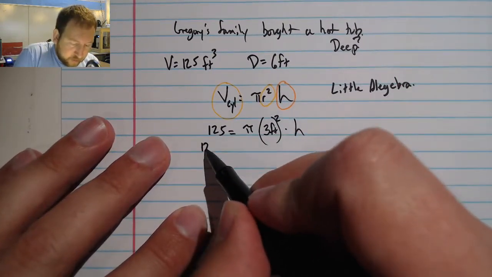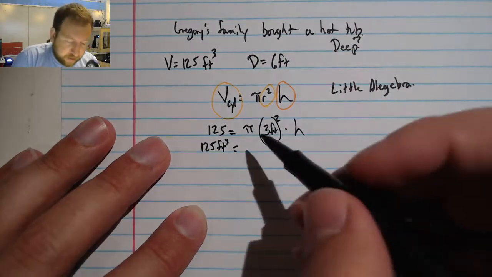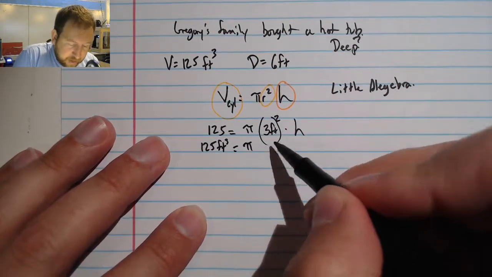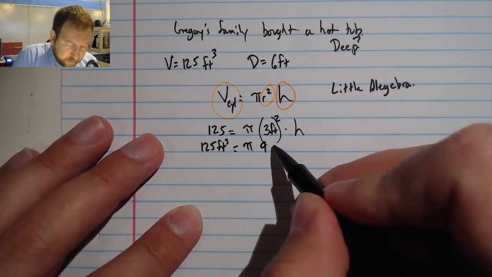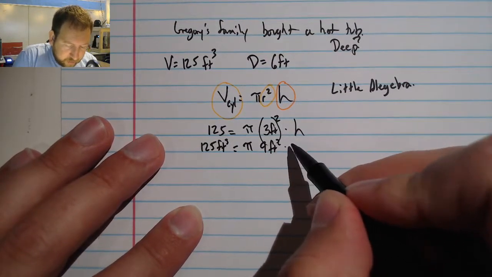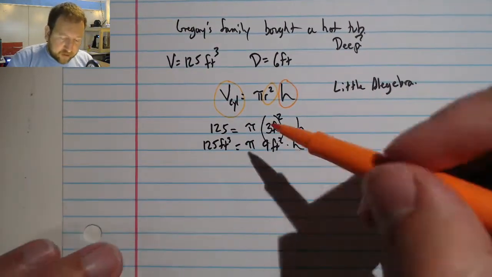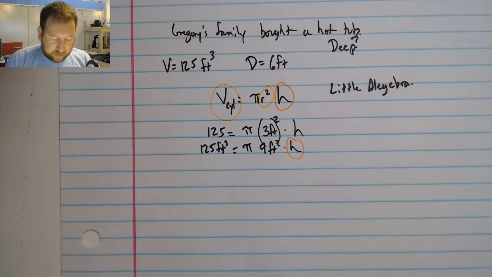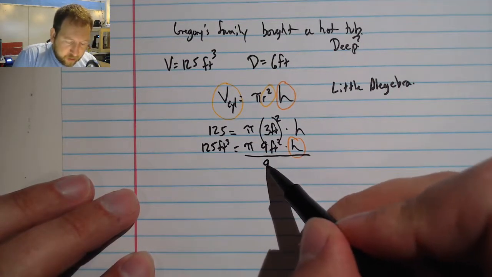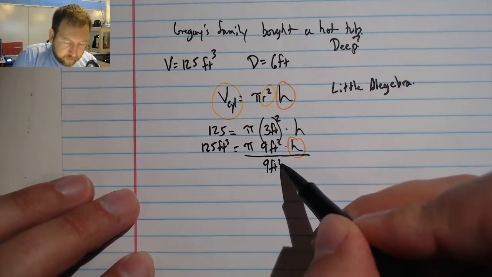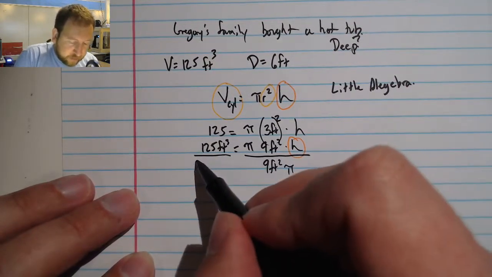So I know I have 125 feet cubed times pi times 3 feet squared, which is 9 square feet, times h. If I want to isolate my h, which is my goal because that is my unknown in this case, I'm going to divide this side by 9 square feet times pi, which means I'm going to do the same thing over here.